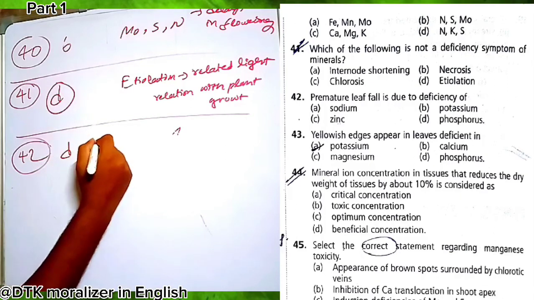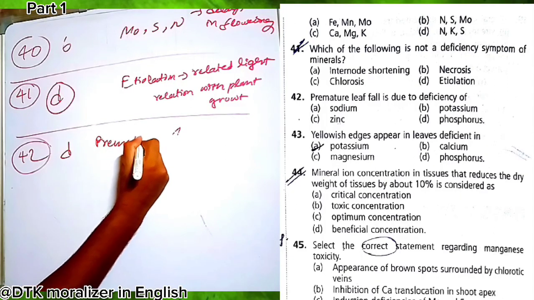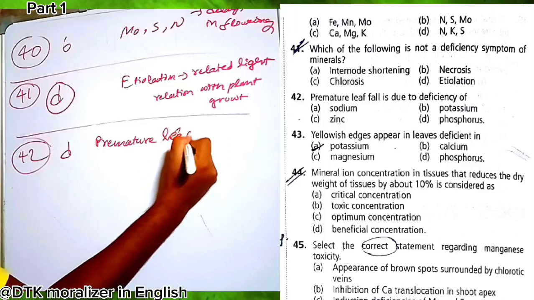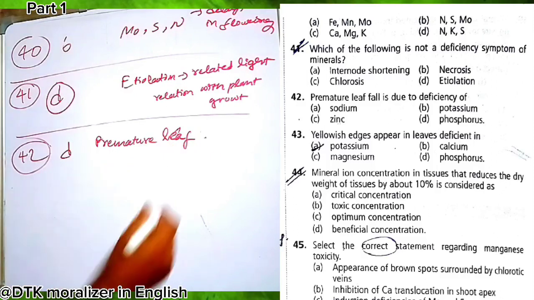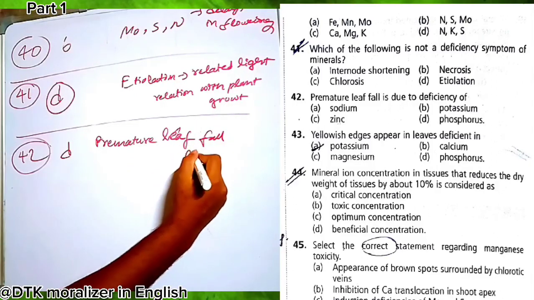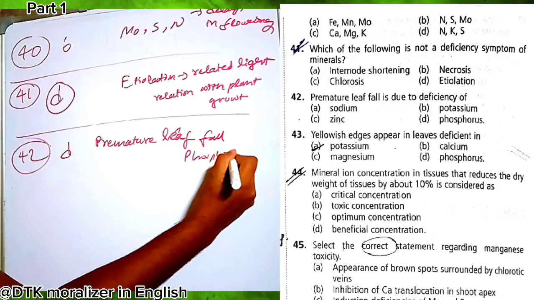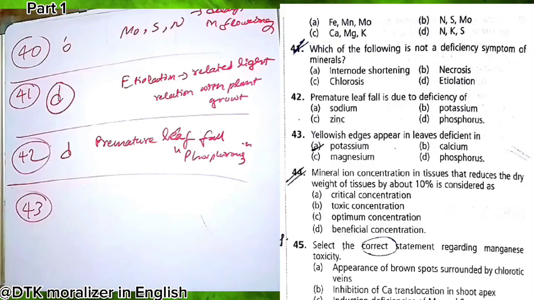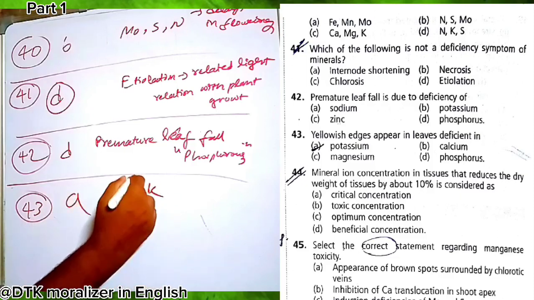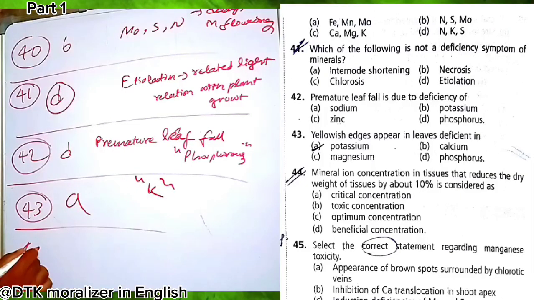So option D. Premature leaf fall is caused by phosphorus. Now question number 43. Yellowish edges appear in leaves deficient in potassium, calcium, magnesium, or phosphorus. Here option A, potassium. It is also an informative question.